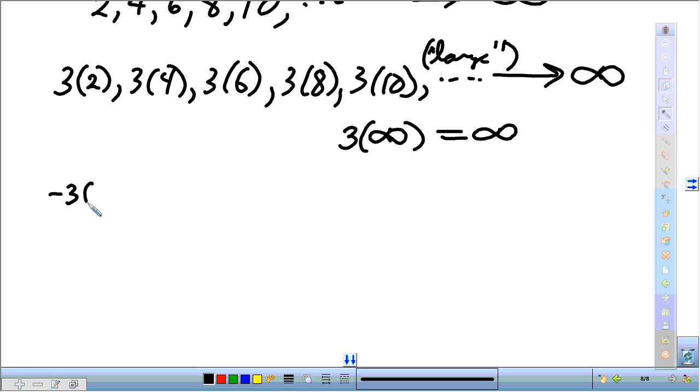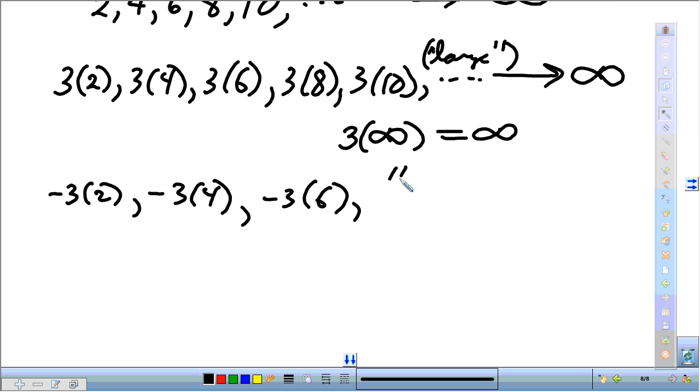Now if I took a negative 3 and multiplied everything, then everything gets large still, but they all have negative signs. So getting very large but becoming negative, we assign minus infinity as opposed to infinity, which we could put plus infinity.